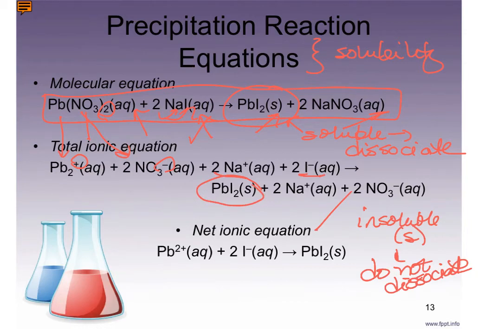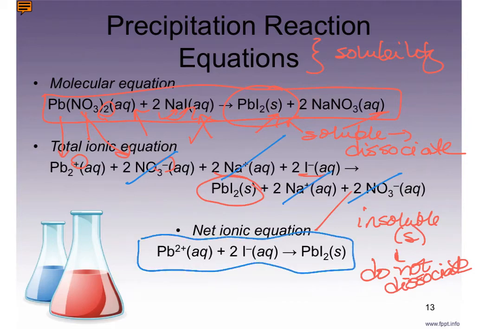Now, let's go ahead and cross out all of our spectator ions. So what do we have on both sides? We have nitrate and sodium. So for the net ionic equation, you rewrite what has not been crossed out.